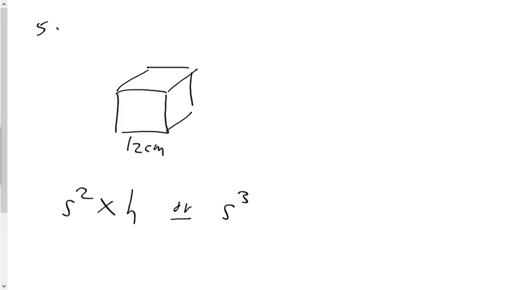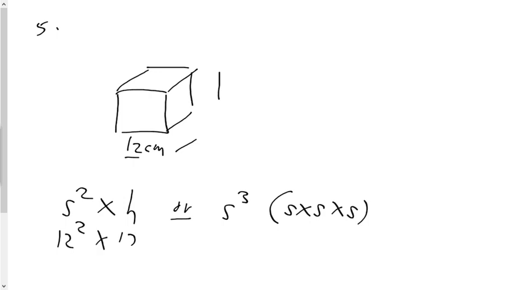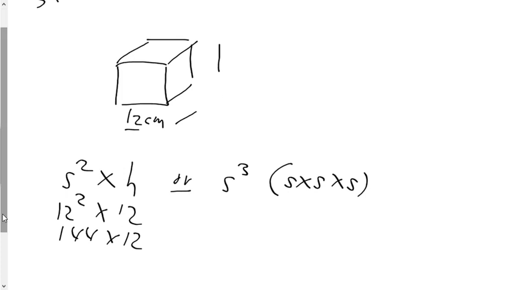Because side cubed means side times side times side, or 12 times 12 times 12, right? So you can actually say that, but we'll use the basic one. So once you substitute it, 12 squared multiplied by 12 is 144 times 12, which is, what was it again? I don't have the answer here. Actually I have it right here, 1728.